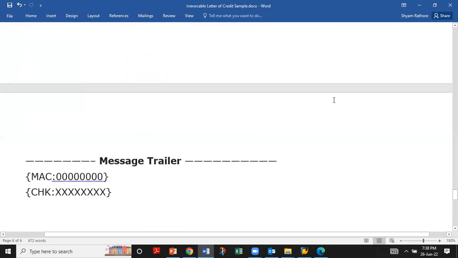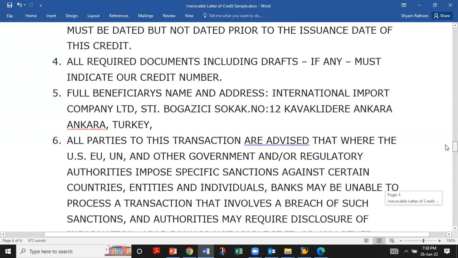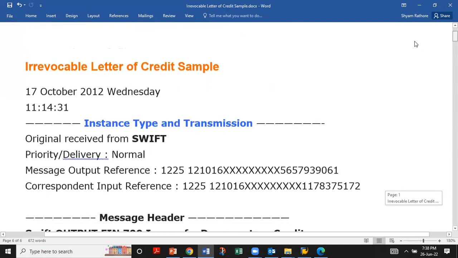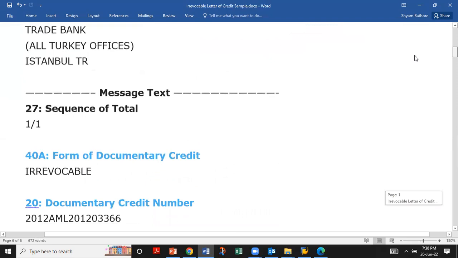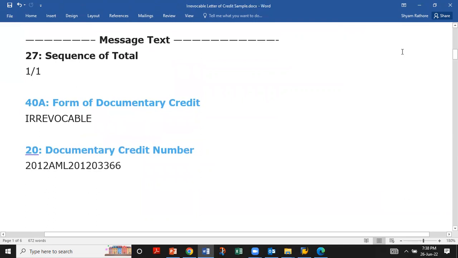Okay, and in this session we have tried to understand some fields which are very important in the LC. Guys, you can read this LC and try to understand the fields which are important for importers and exporters. Briefly, what is a letter of credit? A letter of credit is a document opened in favor of the exporter, because the exporter has no surety of receiving payment from the importer. In that case he asks the importer to open a letter of credit in favor of the exporter.